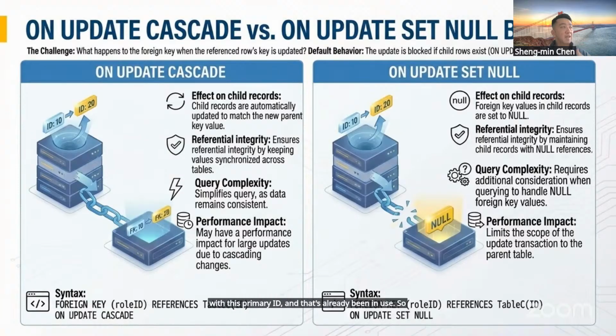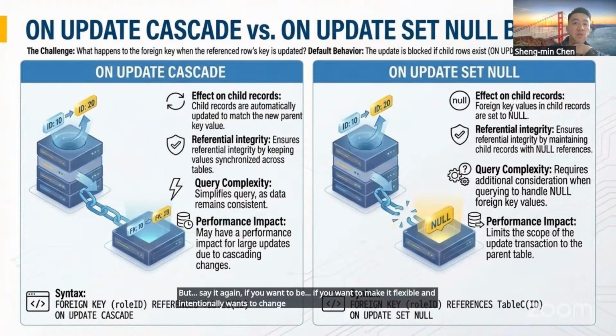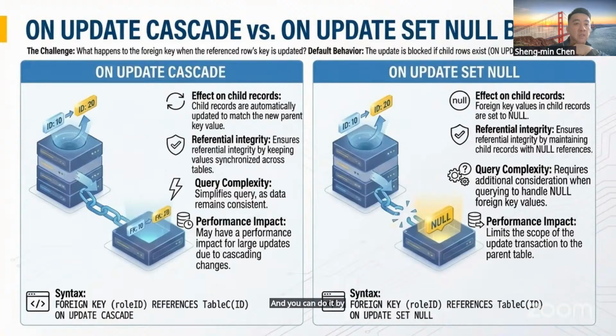So it's going to block any action from taking place. But again, if you want to make it flexible and intentionally change this default behavior, you can. And you can do it in two ways: on update cascade, on update set null.